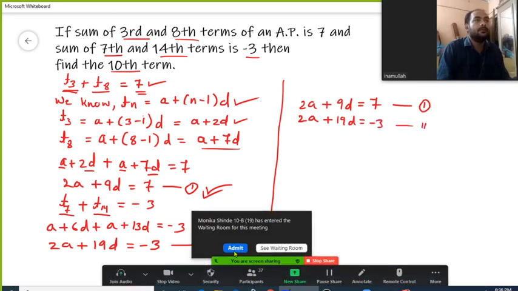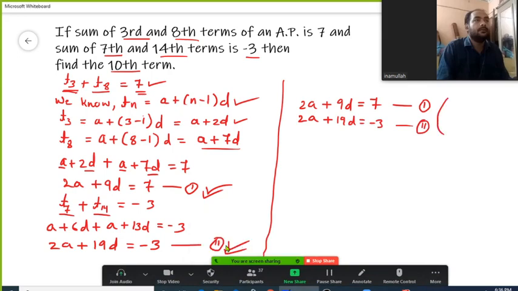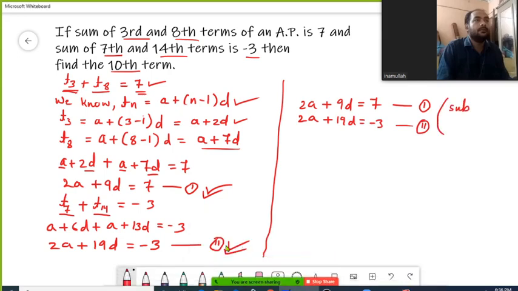This is equation number 2. Subtracting equation 2 from 1, when you subtract, all the signs will change here.